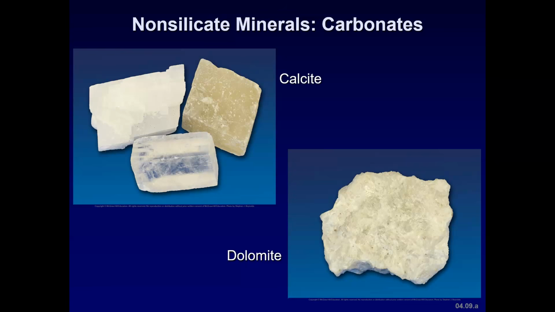So that's calcium carbonate, or dolomite, which is calcium magnesium carbonate. It's similar to calcite. It's more stable at the Earth's surface if magnesium substitutes for some of the calcium in the mineral structure and forms calcium magnesium carbonate.